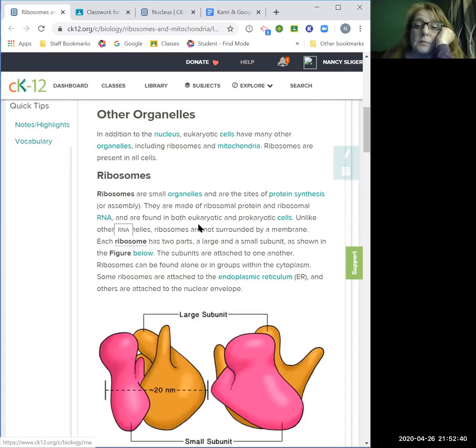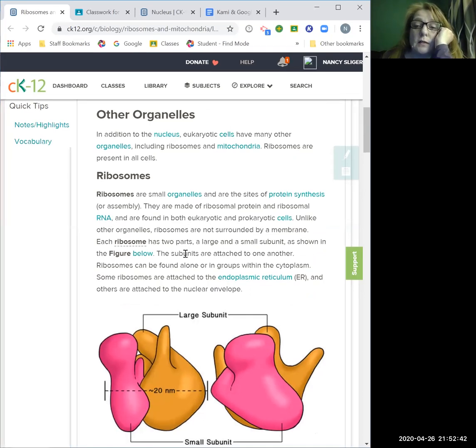And ribosomes may be attached to the endoplasmic reticulum. Ribosomes are RNA molecules that catalyze chemical reactions such as translation. And translation is the process of ordering amino acids to make a protein.